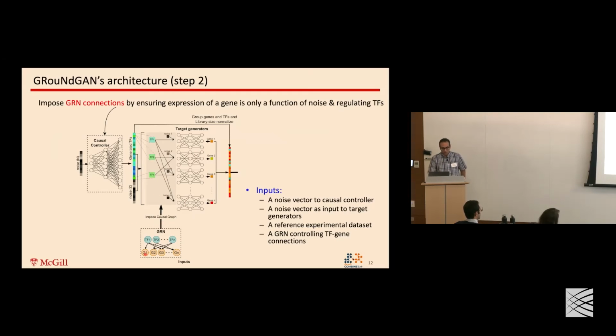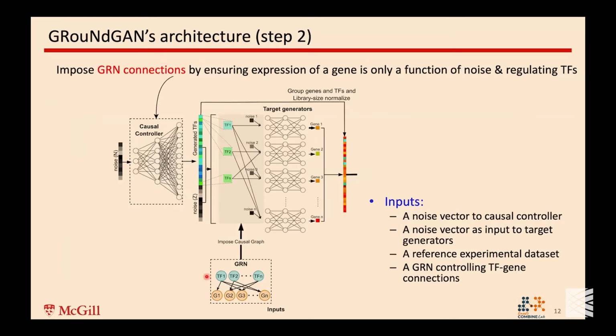Well, as input, we also provide a gene regulatory network of this form. We're going to talk about where that should come from or can come from. But given this network, the architecture and the connectivity of the output of the causal controller and the input of the target generators are guided by the connectivity of the GRN.